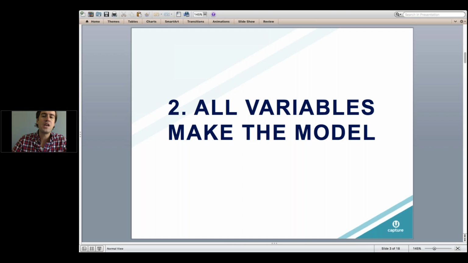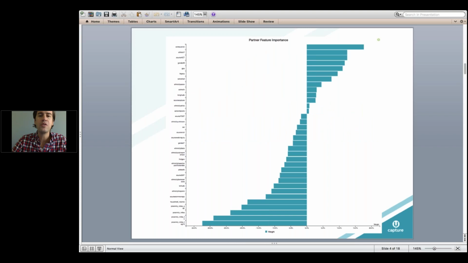Really it comes down to any variable you give us that is usable, is comparable over time, and has been coded in the same way year to year, then we're going to include that in the model. We have some algorithms that we can use to compress that down and get use out of every variable you give us. And we're also going to report to you the importance of those features.